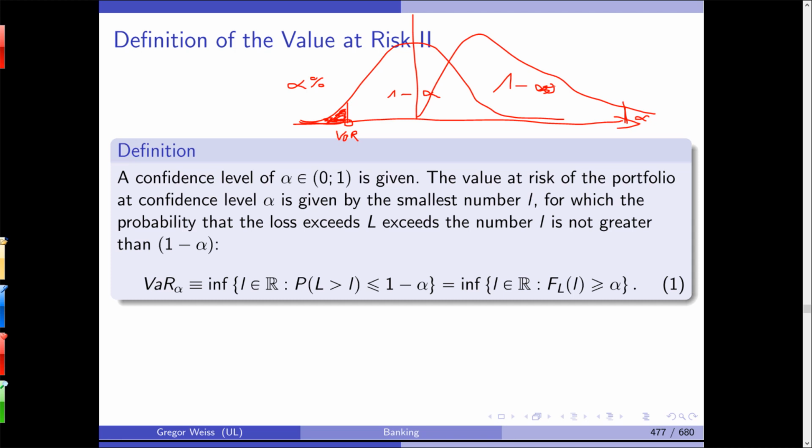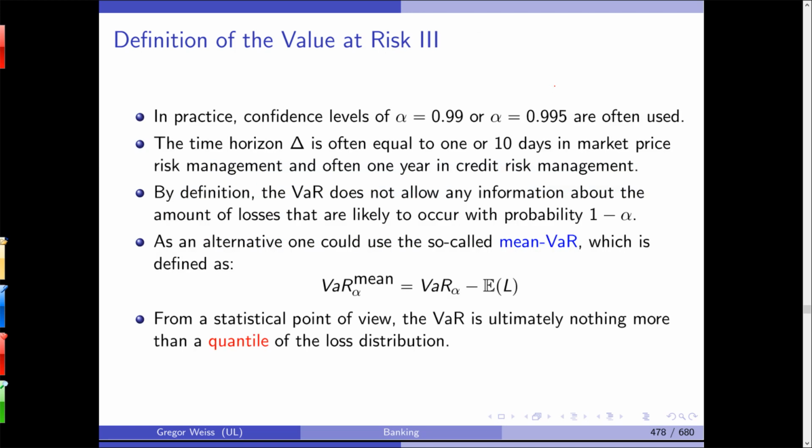On 99 days, you're in the clear, but one of these 100 days, you will be here. Could be here, could be here, or could be here. The VaR doesn't tell you anything about the losses that are beyond VaR. It only says that this is the point where on the left-hand side, you will have alpha percent probability. On the right-hand side, you will have 1 minus alpha percent. So this is value at risk.